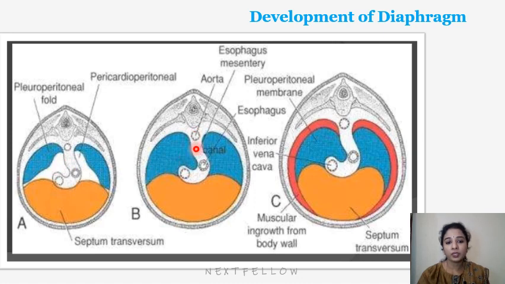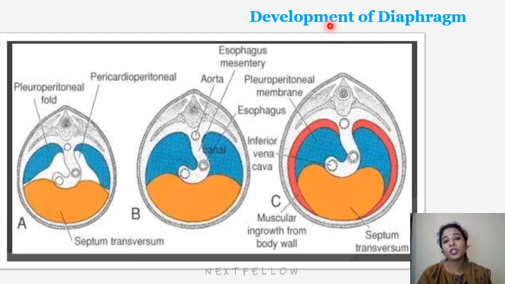You can see this white one is the dorsal mesentery of the esophagus. It forms the dorsal mesentery of the diaphragm, which is invaded by myoblasts later and forms the crura of the diaphragm, where it gives the origin to the diaphragm. It makes the crura of the diaphragm in adults from the myoblasts of the dorsal mesentery.